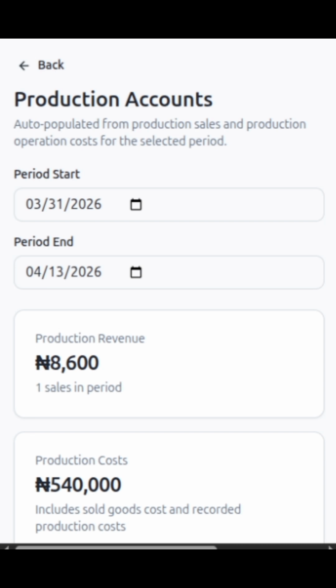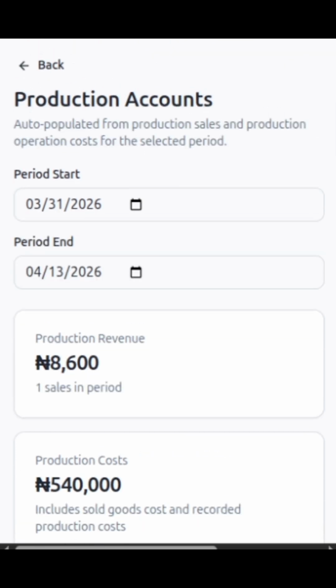So what is my net? If you scroll down, you can see a breakdown of all of that. What's your net? How much am I incurring as debt? What are my fixed costs? What are my variable costs? What are the assets that I have? All of those things are factored in. So you can see all these things factored into your cost, and you have a breakdown of it. So this is your production account.